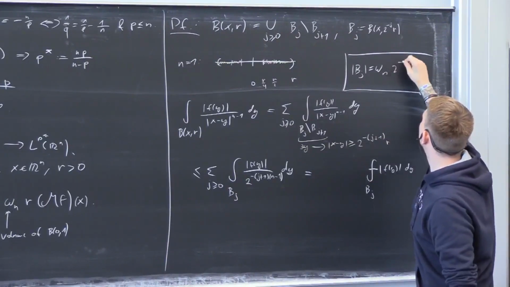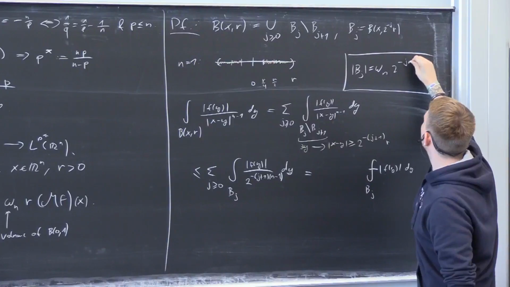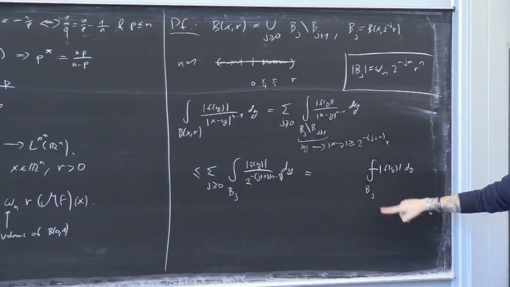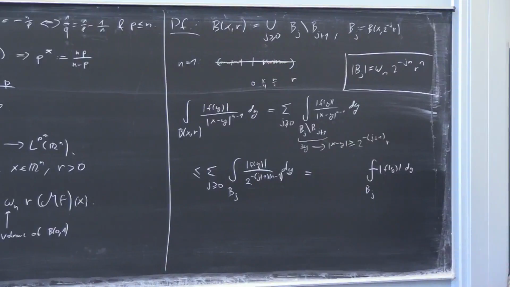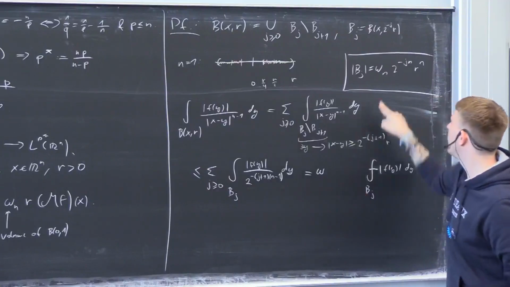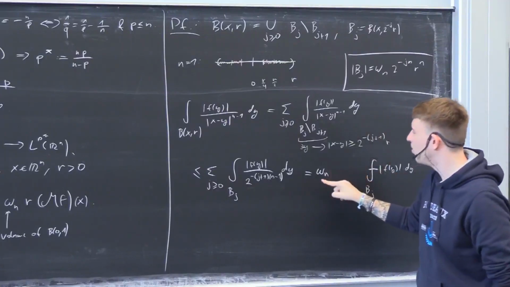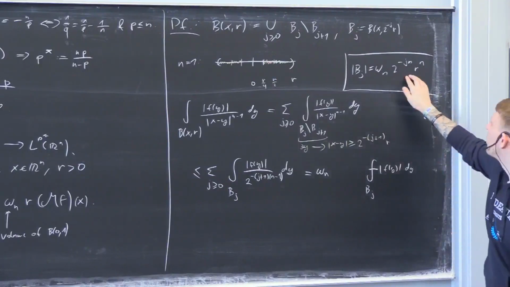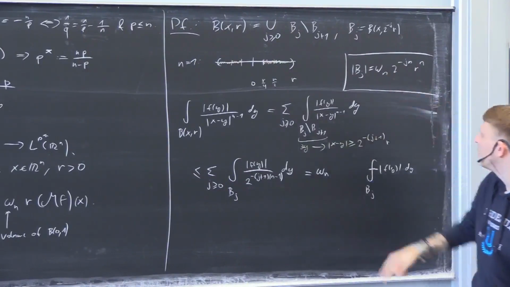So I get here 2 to the minus jn r^n. I divide by this measure here, so I have to compensate for it. So for sure, when I divide here by wn, I have to multiply here by wn. And for these latter factors, we will see what we find in here.